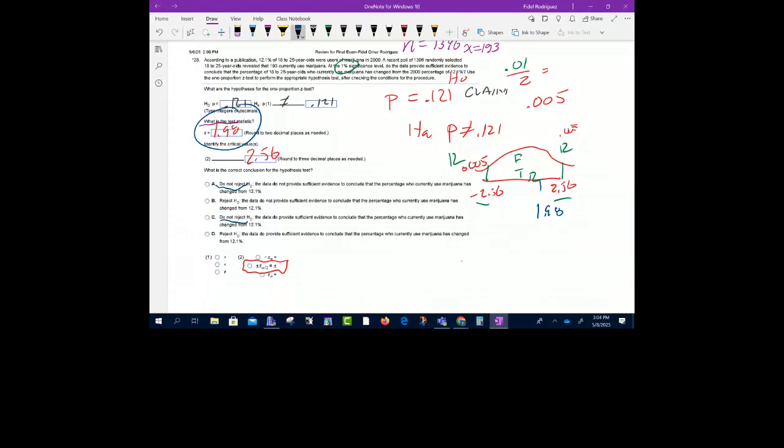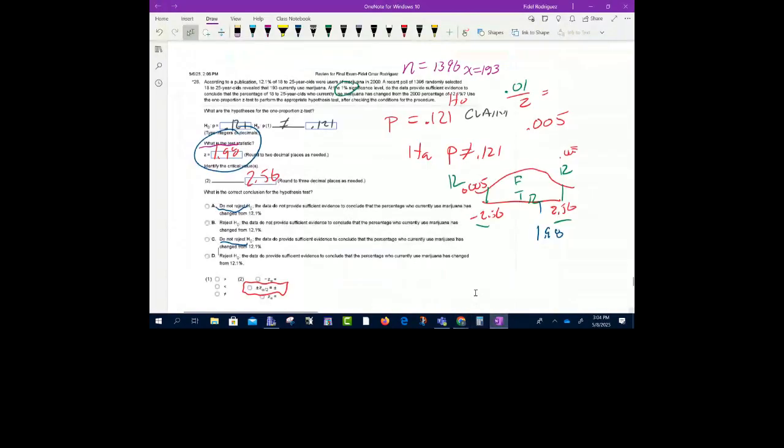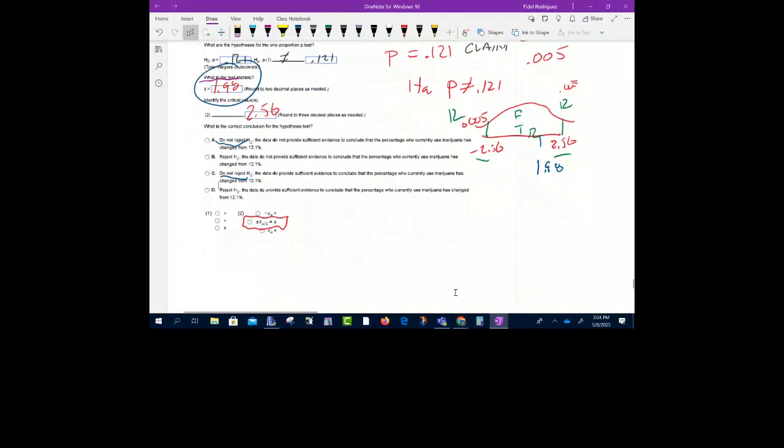Now, I'm going to come back one more time, y'all. Look, my claim was my H0, right? So if my claim was my H0 and we're failing to reject, we're going to say there is not enough evidence to reject the claim. And then we're done.